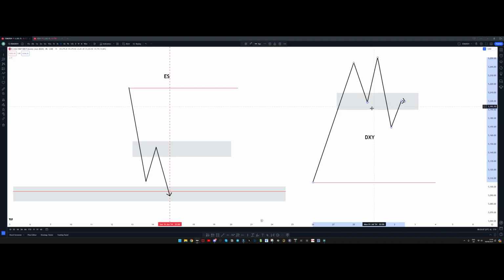I'm waiting for the algorithm on Dixie to go from a buy program to a sell program. Once Dixie hits here, Dixie will start stretching straight away. I'm talking between 5 to 9 candles, maybe 9 minutes in front of ES. When I see this happen, I know it's a done deal.